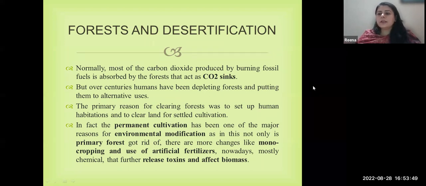Whatever excess is there just washes out and goes to rivers, and rivers join our marine life, and those toxins come back to our food cycle, and again they cause bioaccumulation in human beings.